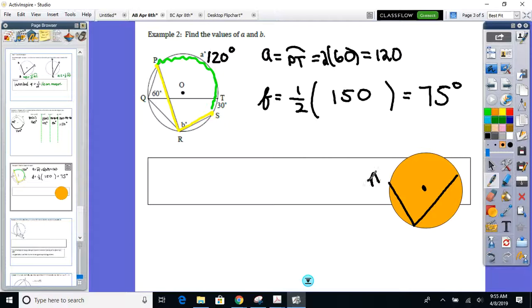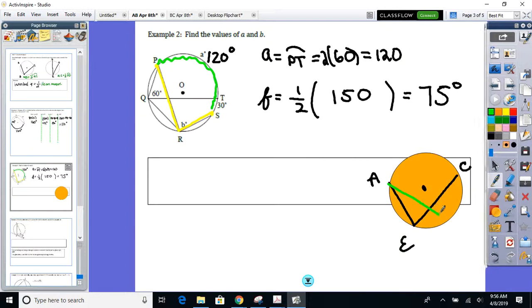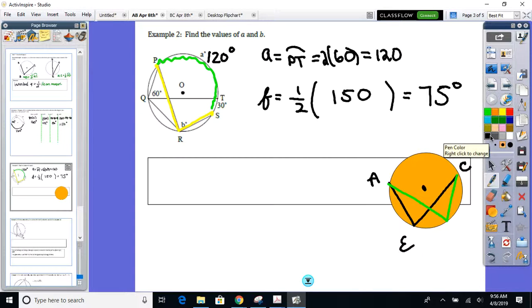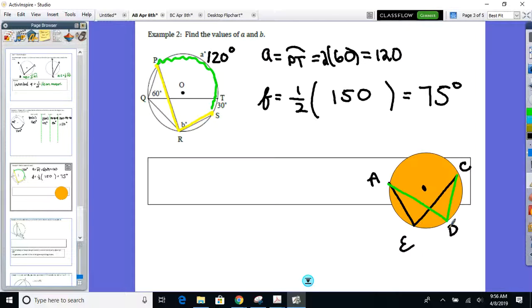I'm going to call it AEC. And I'm going to draw a second inscribed angle in. I'm going to call that angle ADC. And they'll intersect at point B.